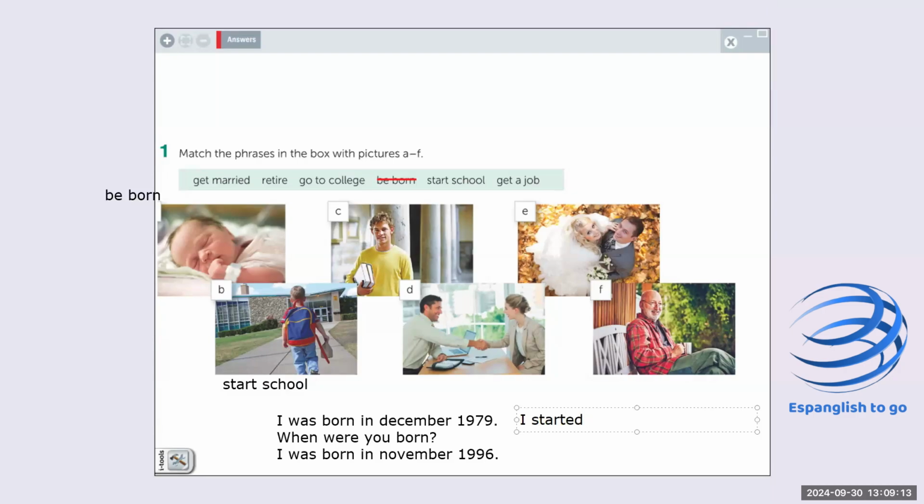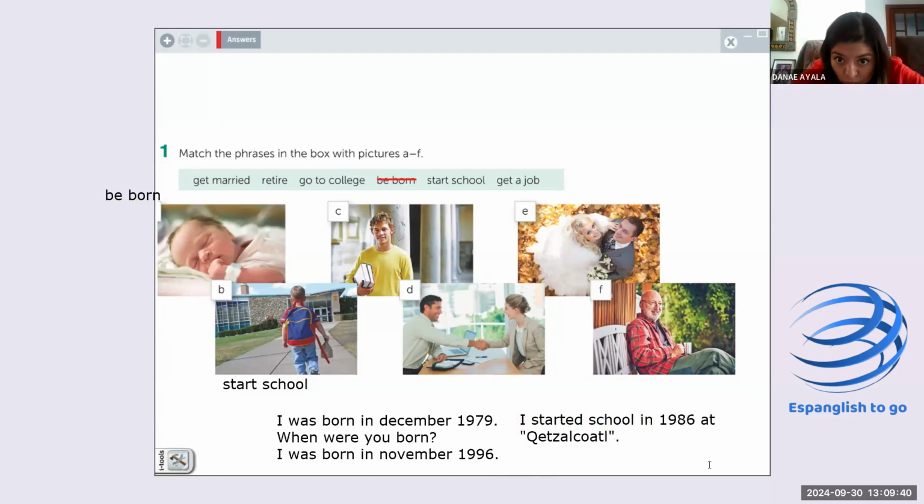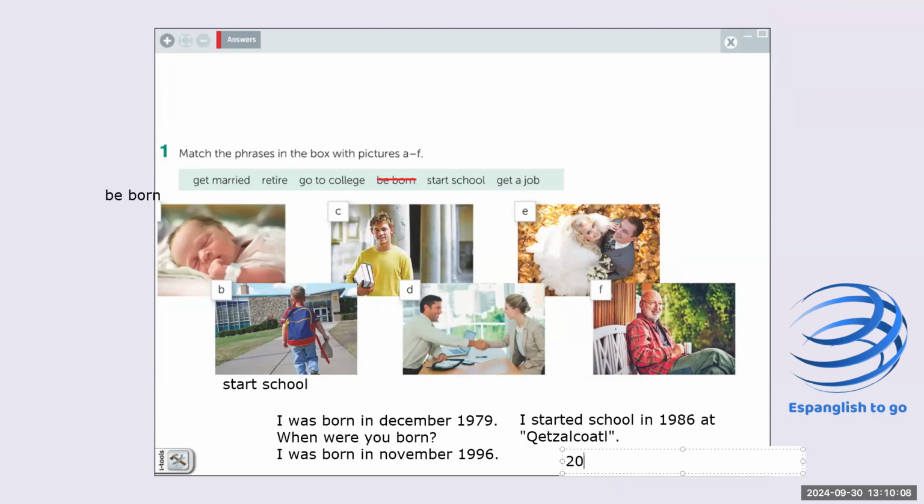I started school in 1986. When did you start school? I started school in 2003. Okay, then we have letter C.